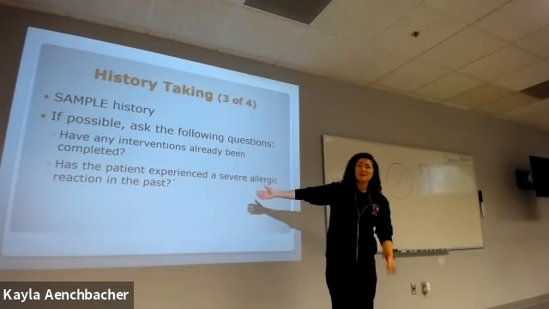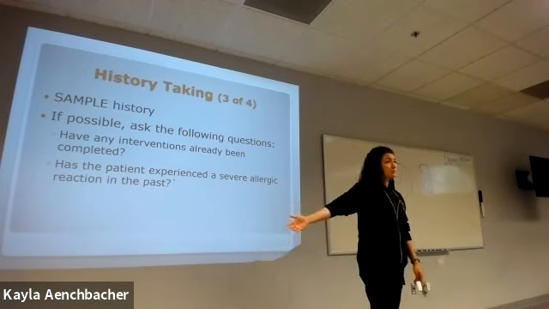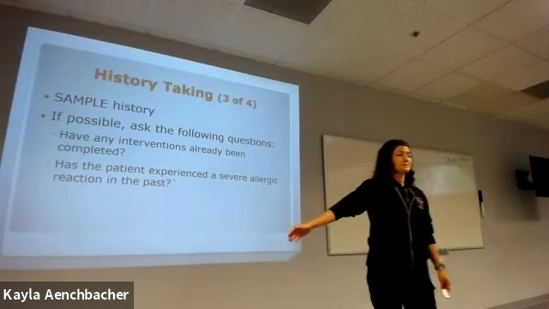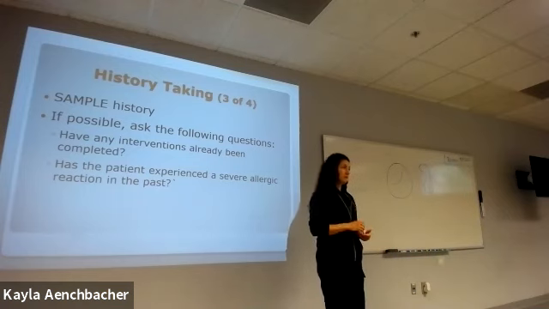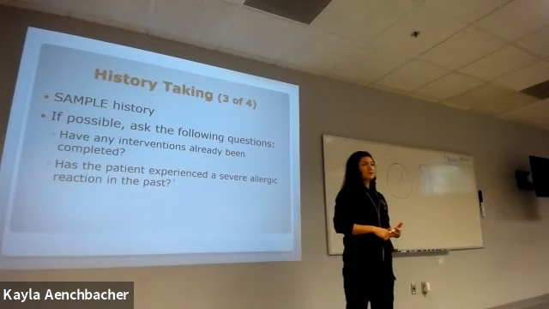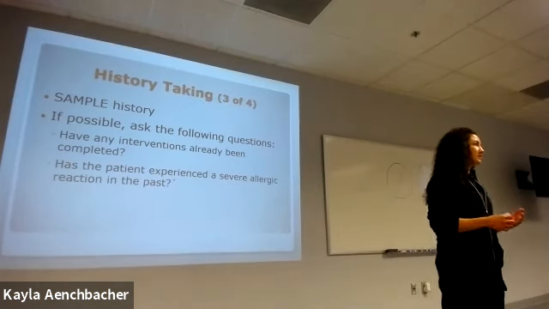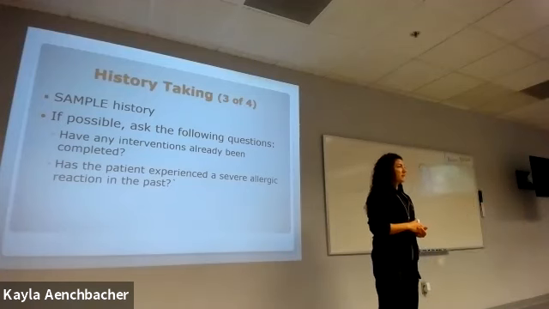Who do we definitely want to get en route to this call? ALS, because I can give multiple doses of epi. I can also put an advanced airway in if their airway closes up. I can give steroid-based drugs and smooth muscle relaxer drugs. So definitely have ALS en route if you can foresee that with enough time.